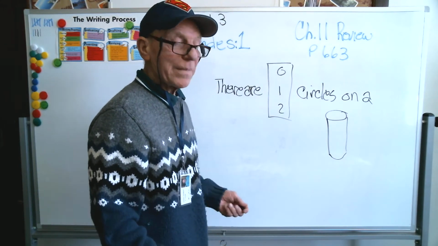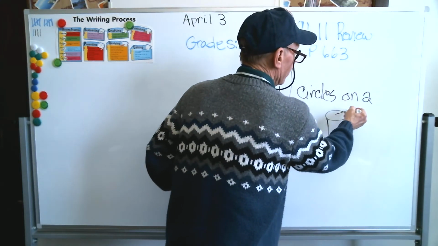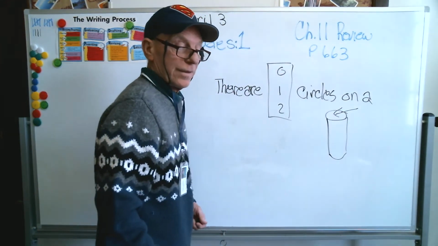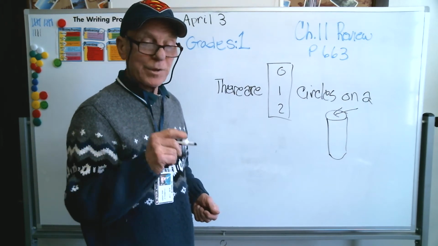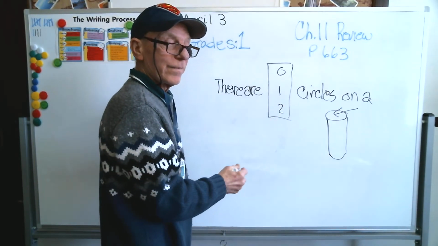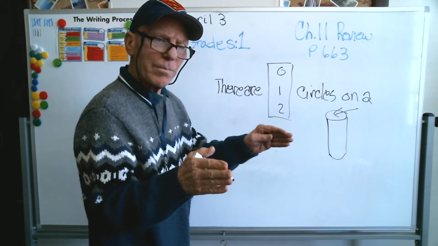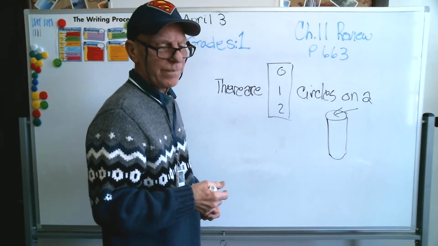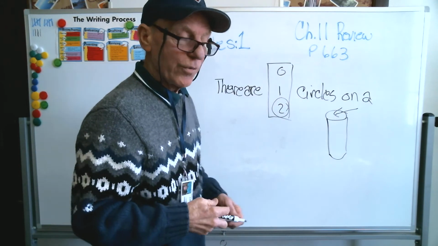So, how many circles are on that cylinder? Well, you can clearly see that that's a circle. But don't get tricked here, because when you turn it over, there's a circle on the bottom too. There's a circle on both ends of a cylinder. So, the correct answer would be 2.